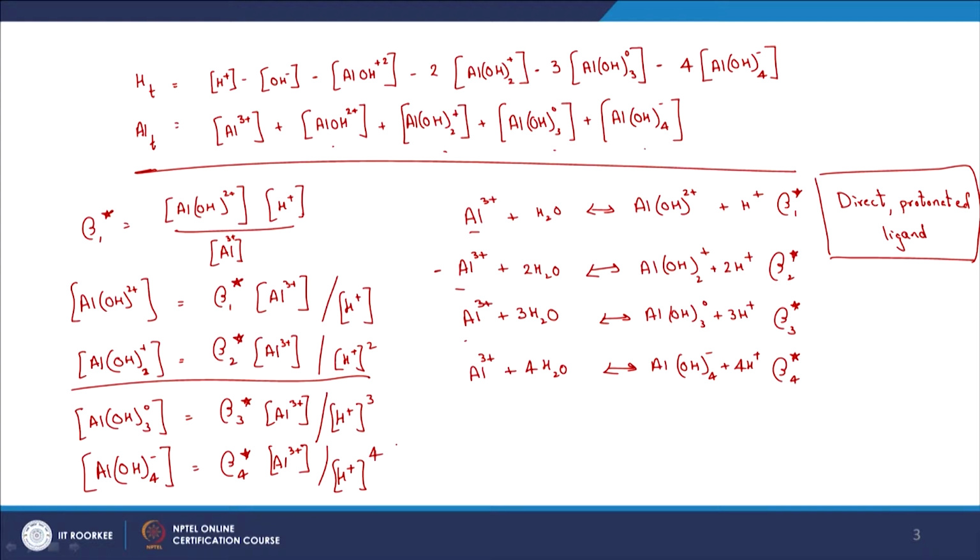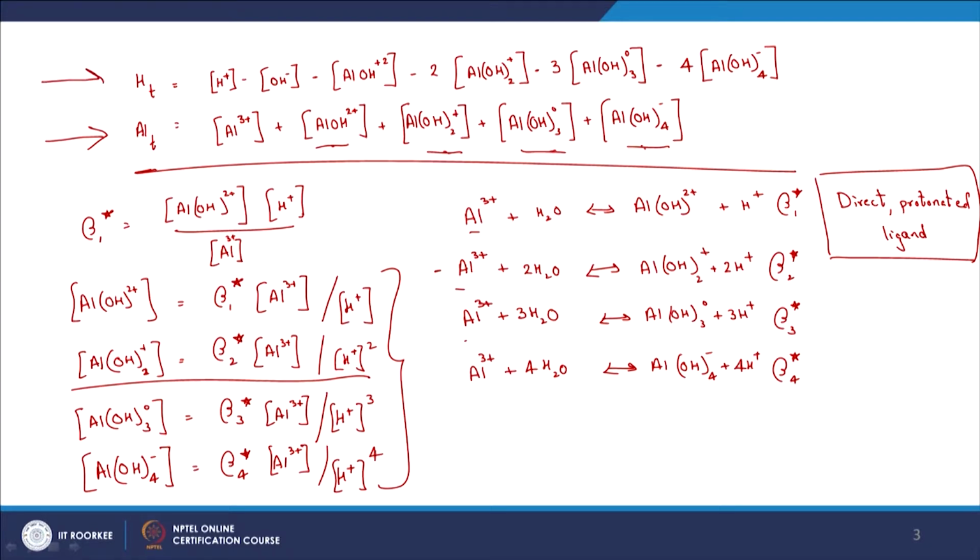Again, here we can now express this particular equation in terms of just Al3+, by substituting the relevant equations which we just developed. We can replace all these 4 variables, all the concentrations of the complexes, in terms of Al3+, beta 1 star and H+, right.